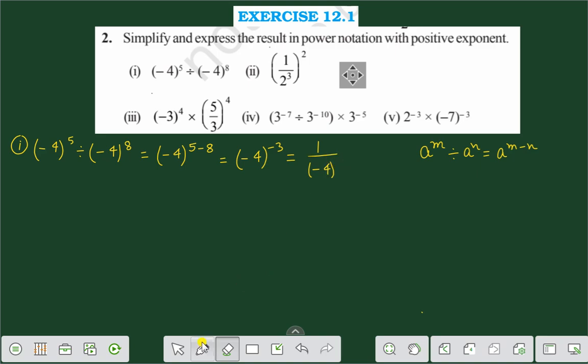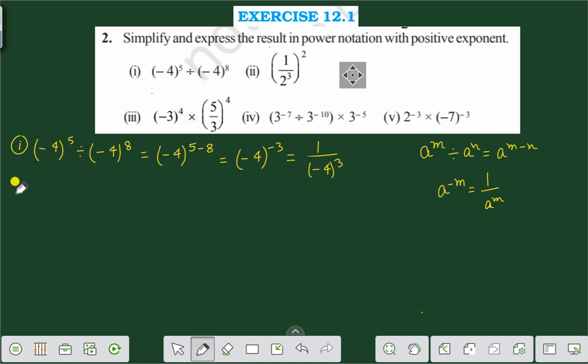This is the positive exponent, to the power 3. And here we have applied the formula a^(-m) is equal to 1 by a^m. We applied this formula here.